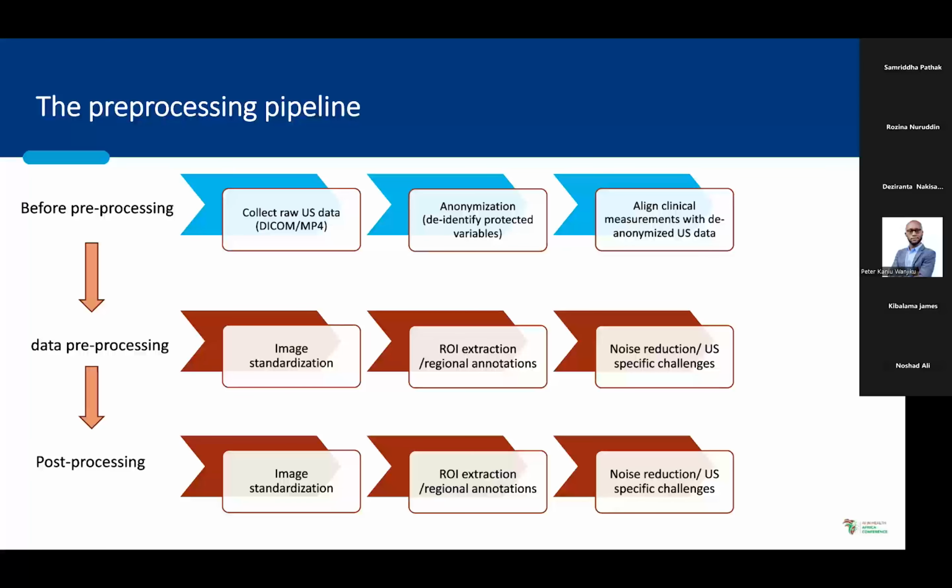Another thing you could do is extract the region of interest. There are often many pixels that are black and don't show any semantic content about the anatomy, so you could crop those out and give the model what it needs.